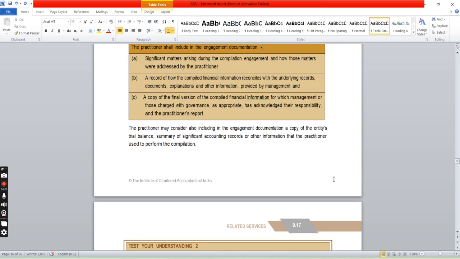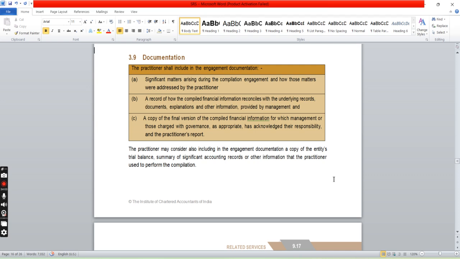What else comes in documentation? Documentation: the practitioner shall include in the engagement documentation the significant matters arising during the compilation engagement and how those matters were addressed by the practitioner. A record of how the compiled financial information reconciles with the understanding, records, documents, explanations and other information provided by the management.